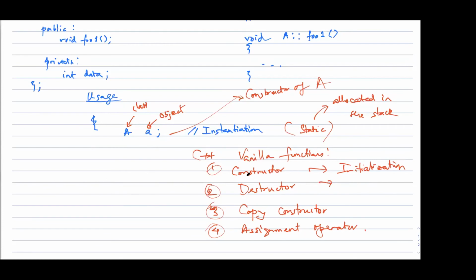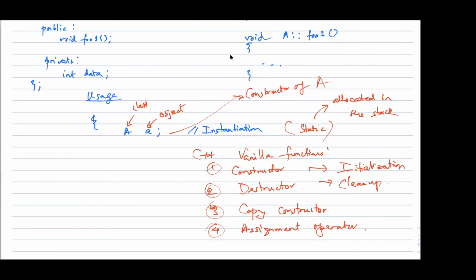Everything is done in the constructor. Destructor is typically used for cleaning up your memory. Copy constructor and assignment operator we'll see shortly why they exist.